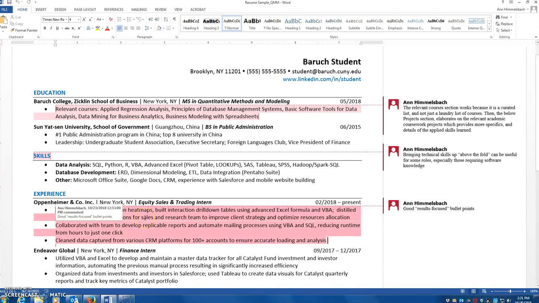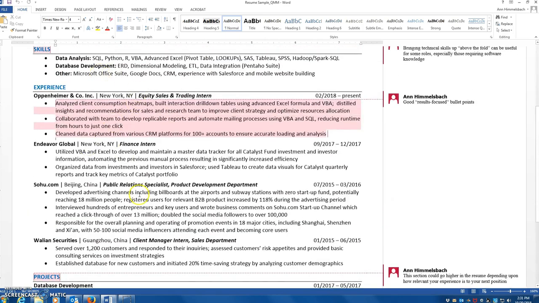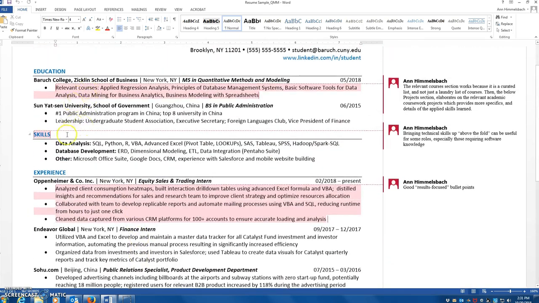So if your most recent experience is most relevant to the position, then you would leave that here and put your projects down here. But if you haven't quite yet applied in the real world in terms of an internship or full-time job what you've learned in school, then the project section would go directly under education.